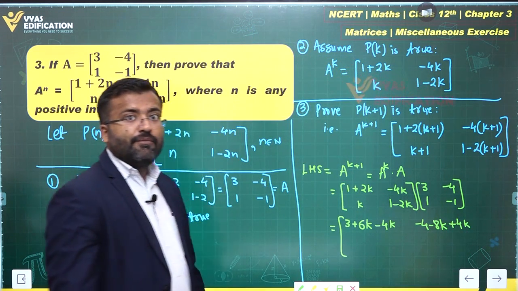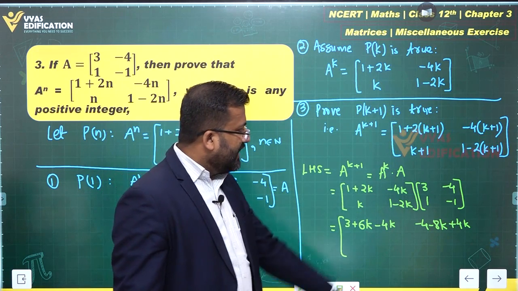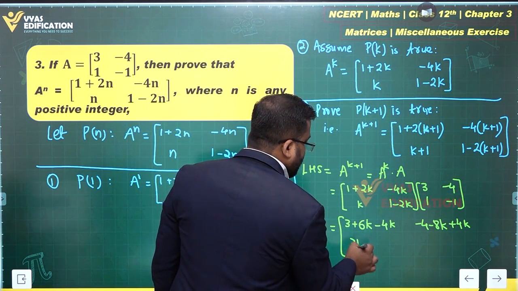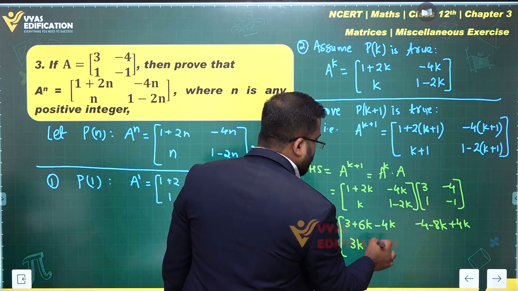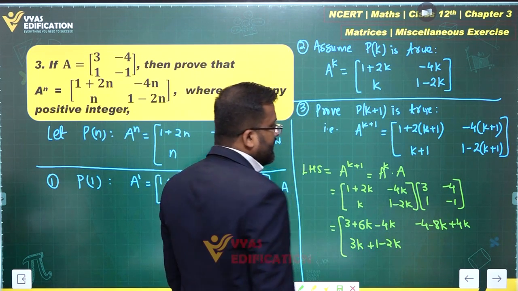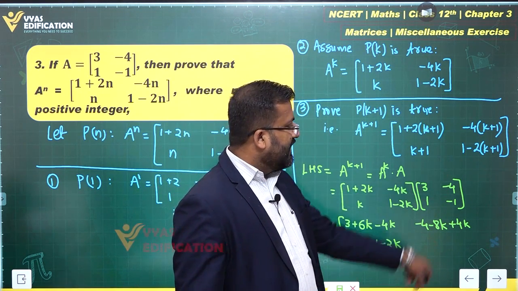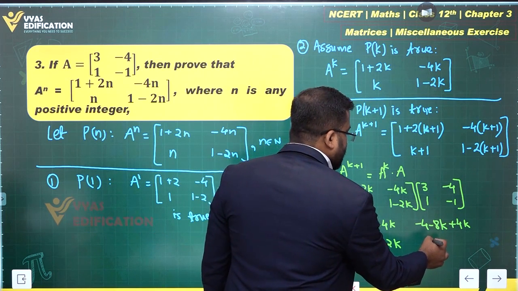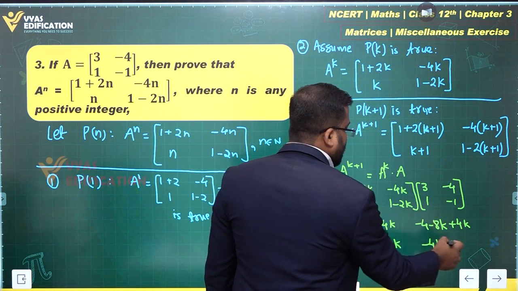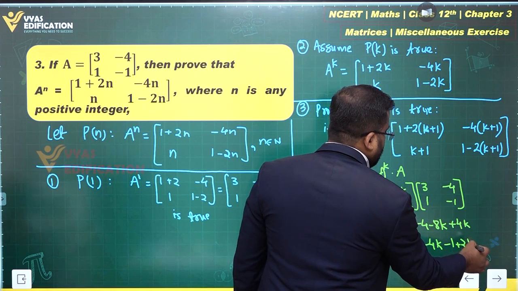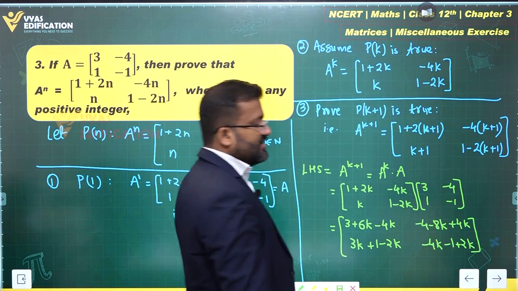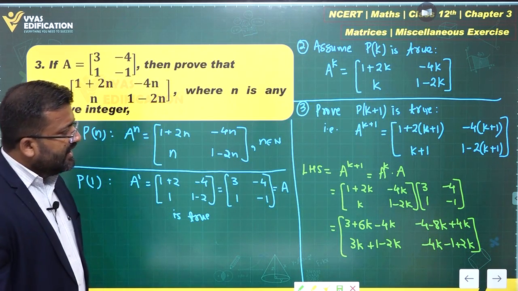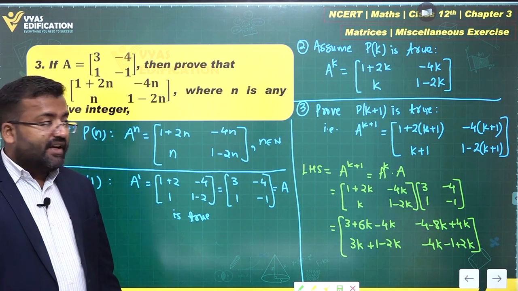What next? The second row gets multiplied with the first column: 3k plus 1 minus 2k. Next, the second row with the second column: minus 4k and minus 1 plus 2k is what we get. So that's the matrix obtained in the LHS.